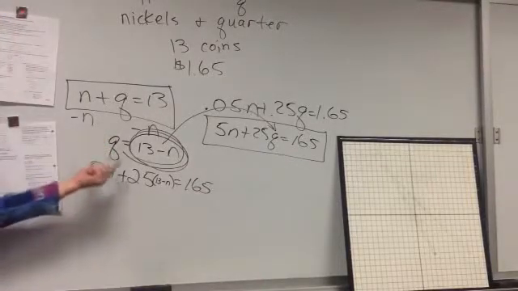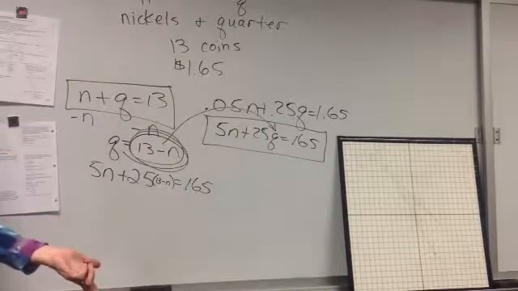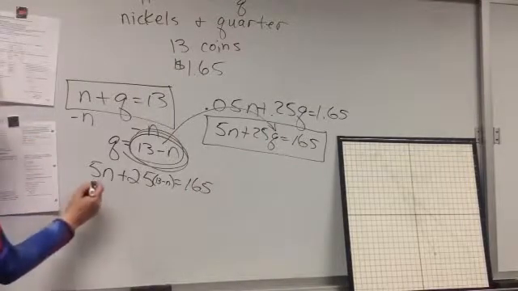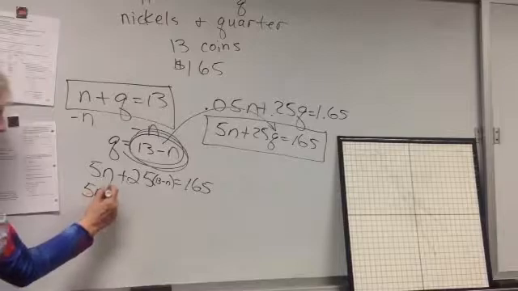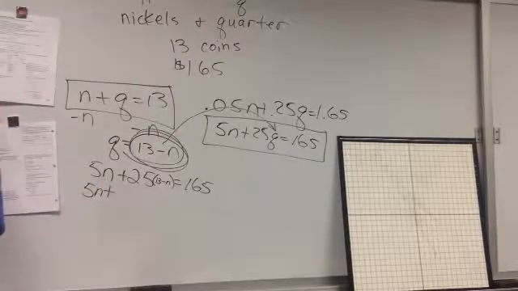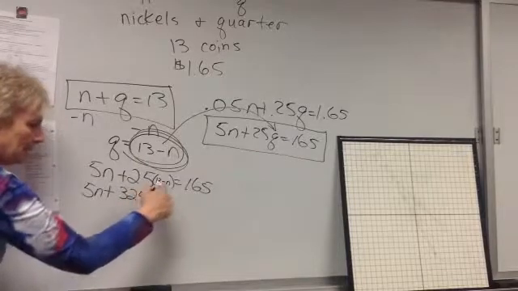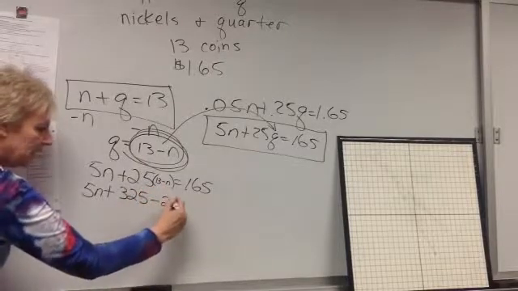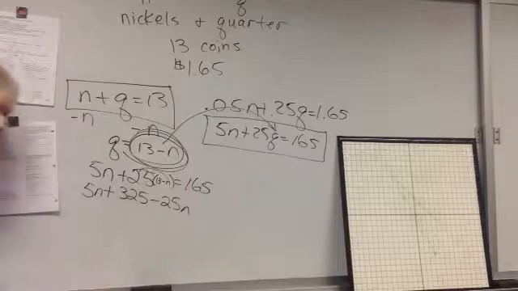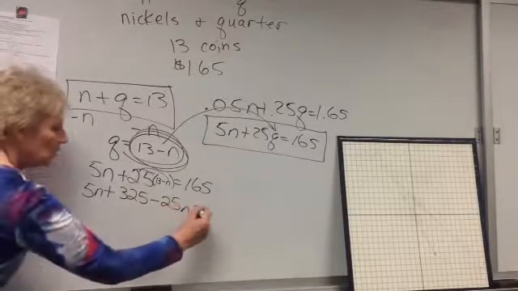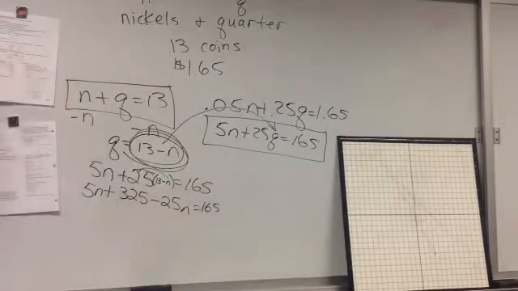If we did it with the Q, you'd have the amount of quarters. Doesn't make any difference. Okay, so that's 5N plus 25 times 13 is 325 minus 25N. See, I have to use a distributive property. That's why you always want to have parentheses. Equals 165.